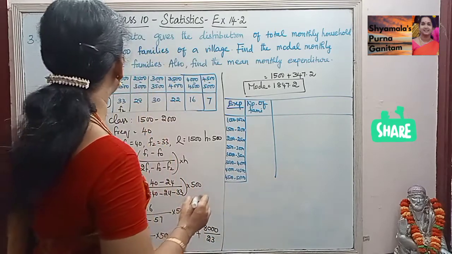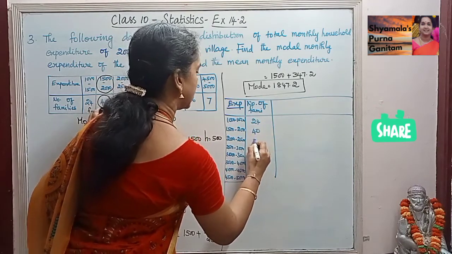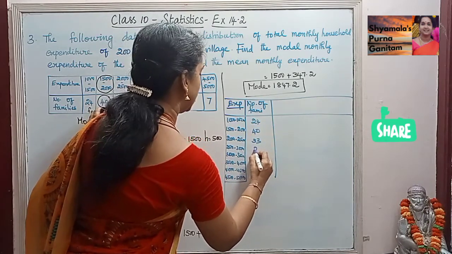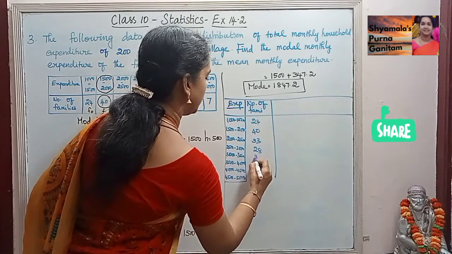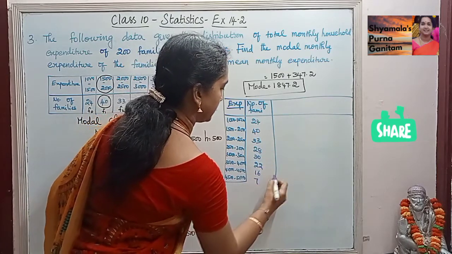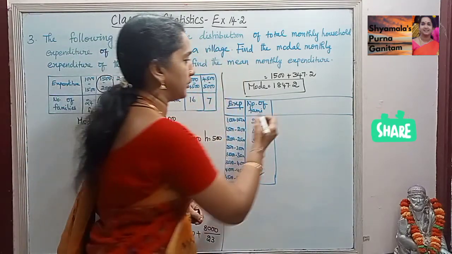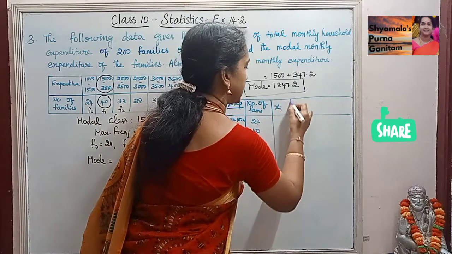The frequencies are 24, 40, 33, 28, 30, 22, 16 and 7. For calculating the arithmetic mean, we need the mid value, xi.